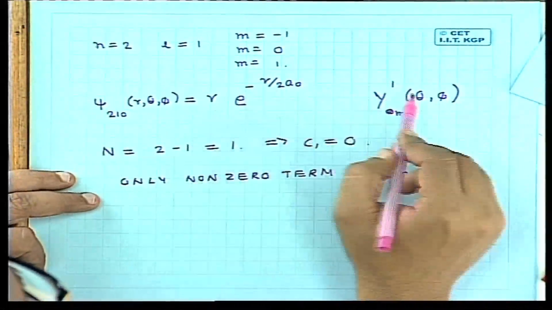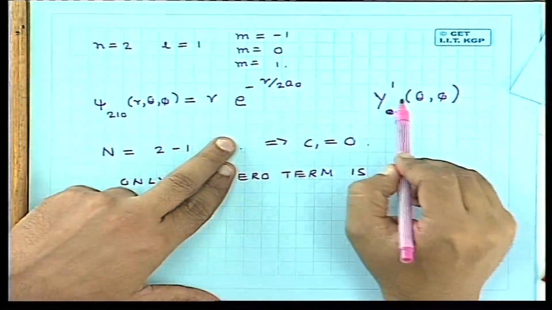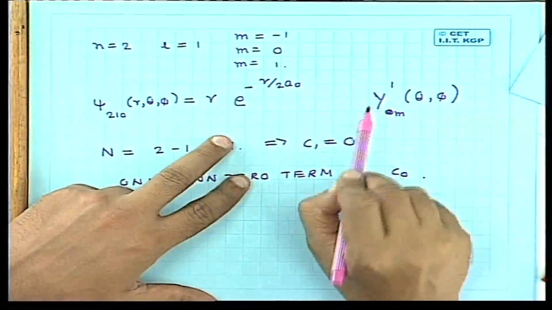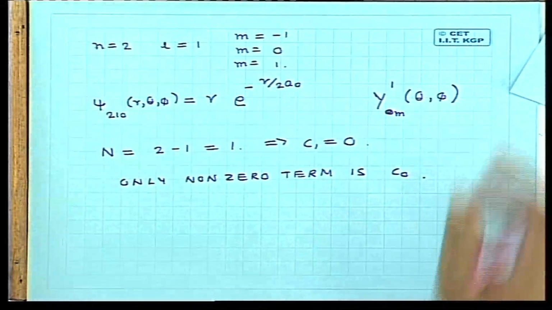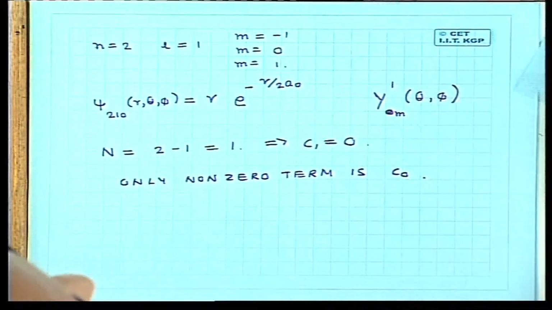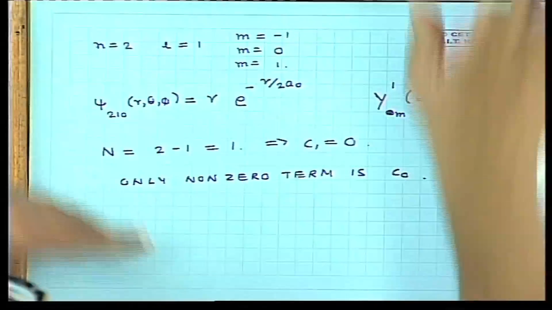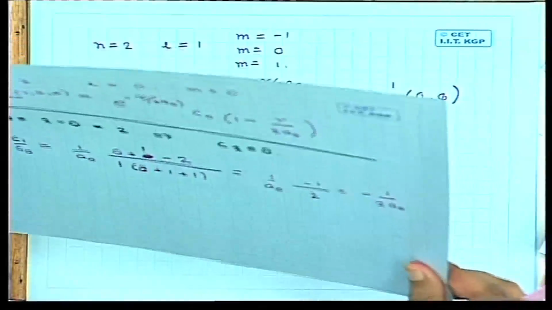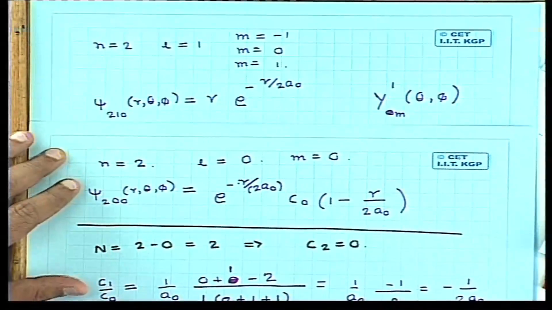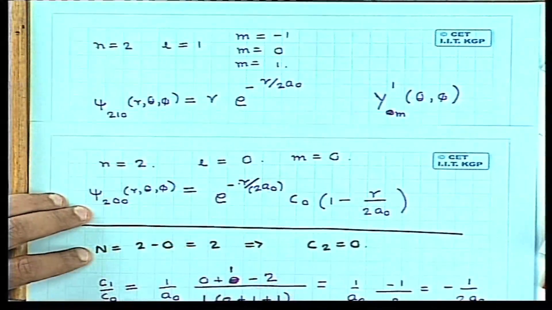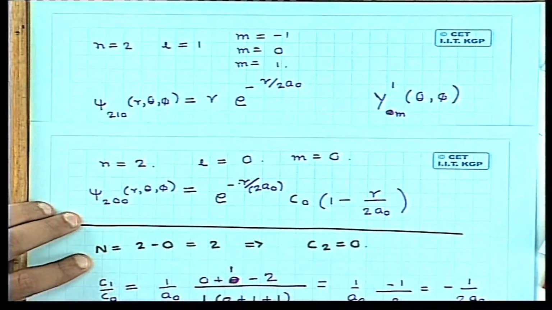There are 3 such different wave functions, all of which have the same radial dependence, only 3 different functions for the theta and phi part, and there is one function which we have just determined. So the state n equal to 2 has got 4 different wave functions which we have worked out.